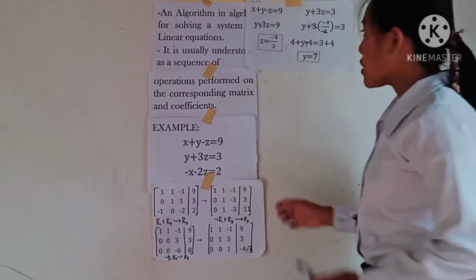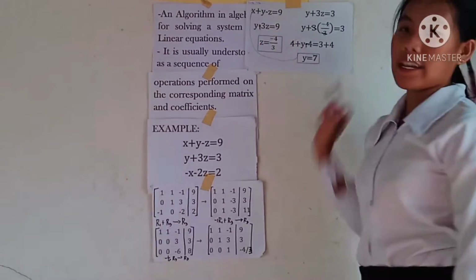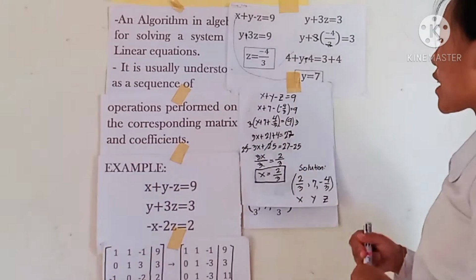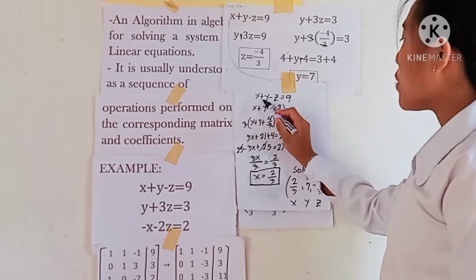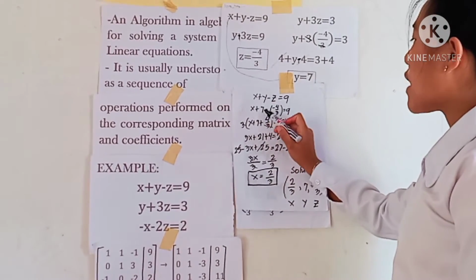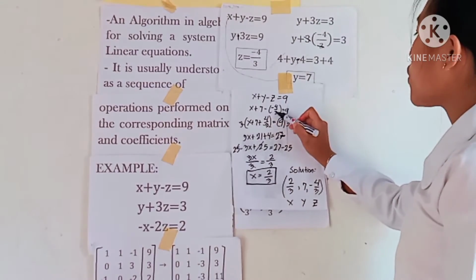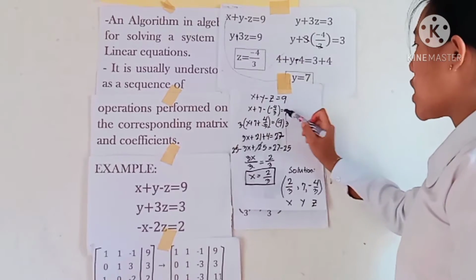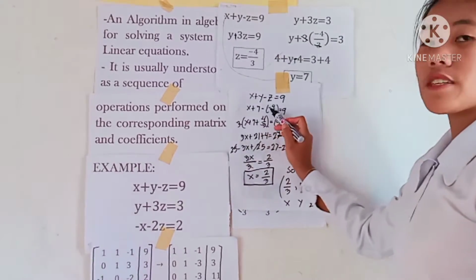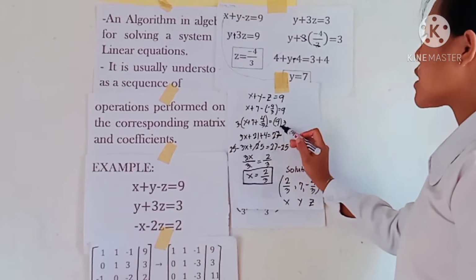After that, we will find out the value of x. Now we will find the value of x. x plus y minus z equals 9. x plus 7, which is the value of y, minus the negative 4 over 3, which is the value of z, equals 9. x plus 7, and negative times negative is positive, so plus 4 over 3 equals 9.